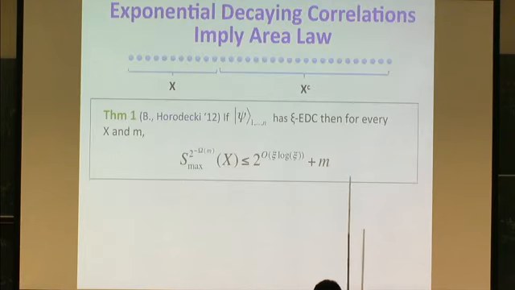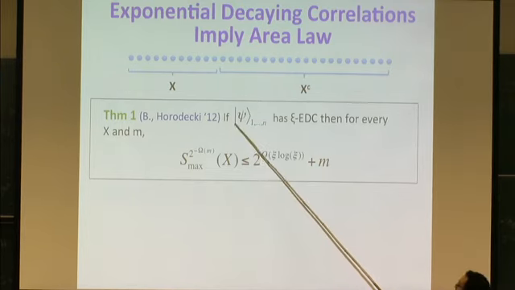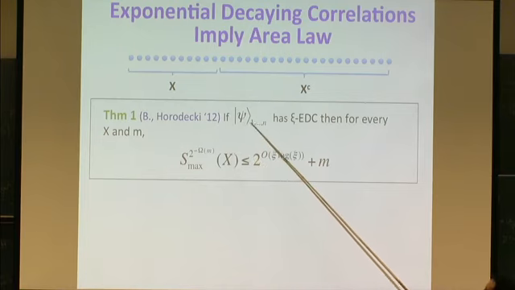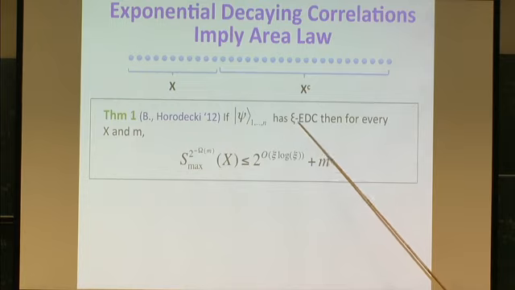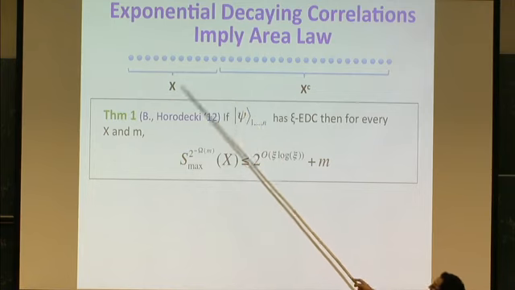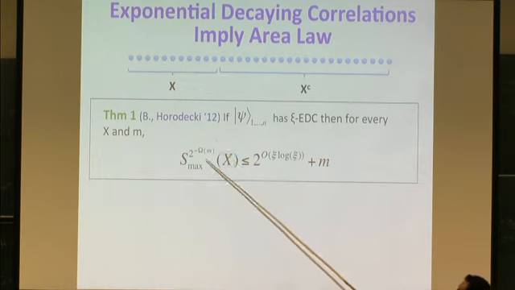So let me tell you the result, and then I want to show you how you can prove it. It says what I mentioned before: if you have a state psi on n qubits and it has exponential decay of correlations, then no matter the size of X, and with m any parameter, this smooth max entropy will be small.